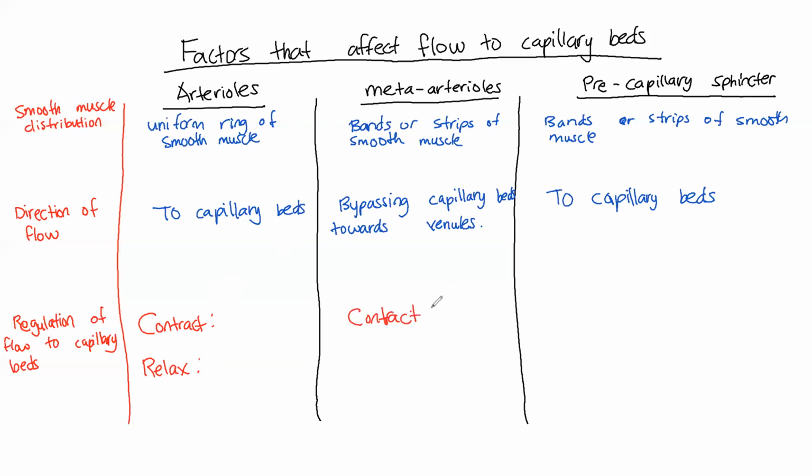Contract and relax. And then we'll put contract here and relax. So what happens when each of these either contract or relax based upon what we said so far? So let's start with arterioles. What happens to flow to capillaries when arterioles contract?